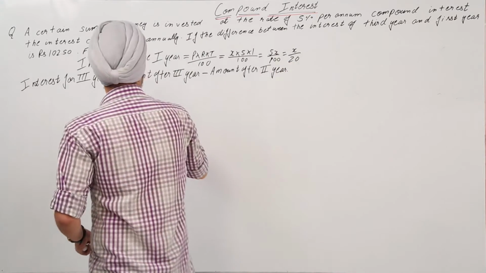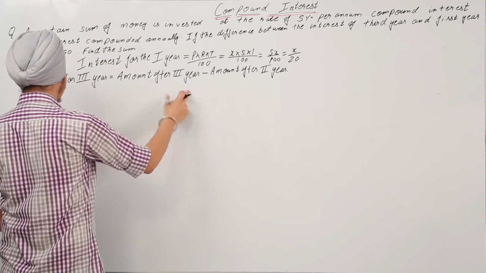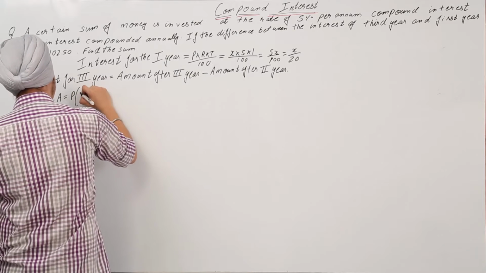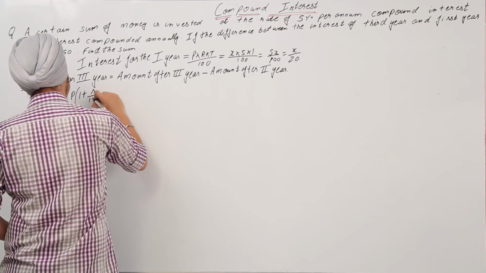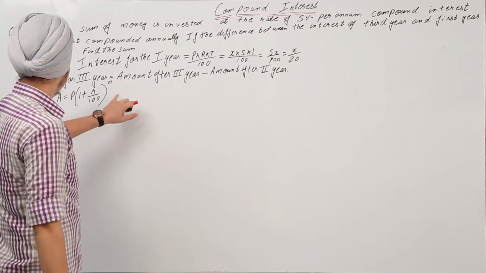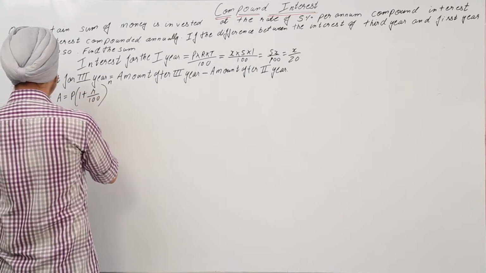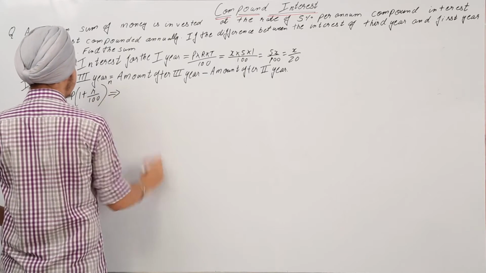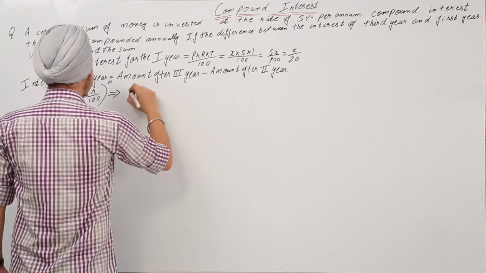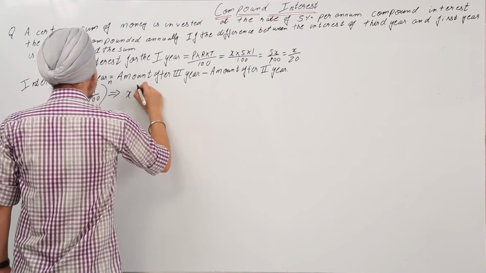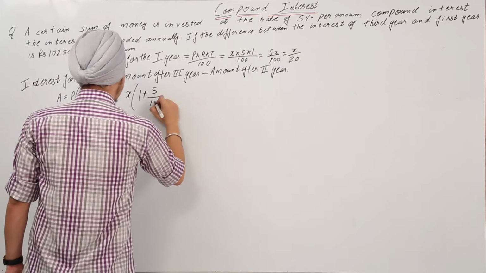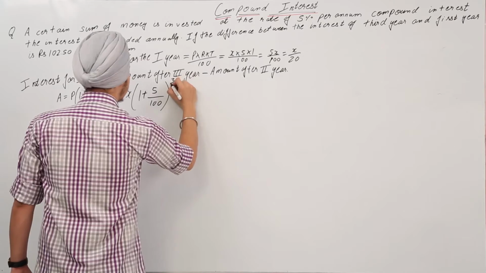So how do we write the amount after the third year? We have a formula which says A is equal to P into 1 plus R by 100 raised to the power n. Am I right? So according to this formula, the interest for the third year comes out to be the amount after the third year, which is P, the principal we have to find, that is x, into 1 plus 5 upon 100 raised to power 3.